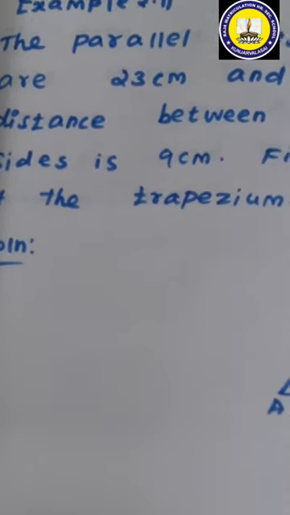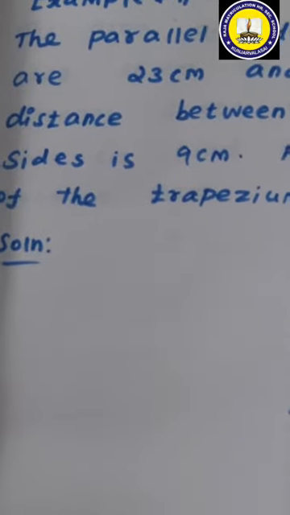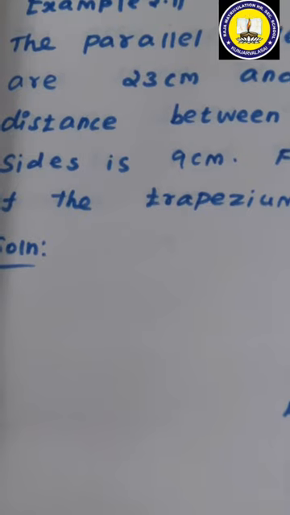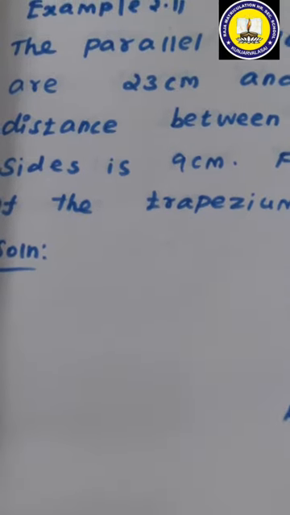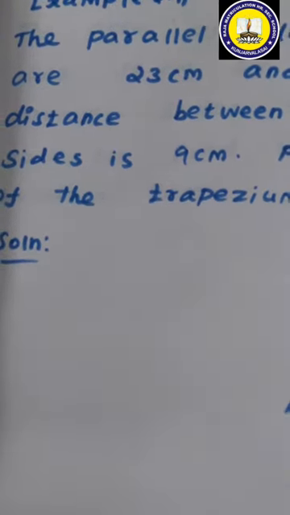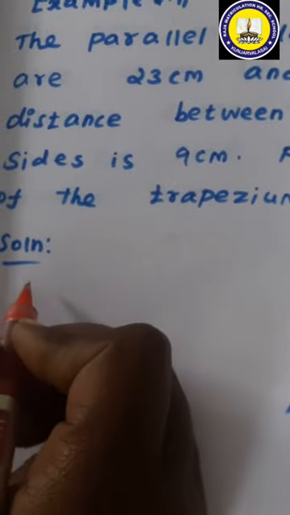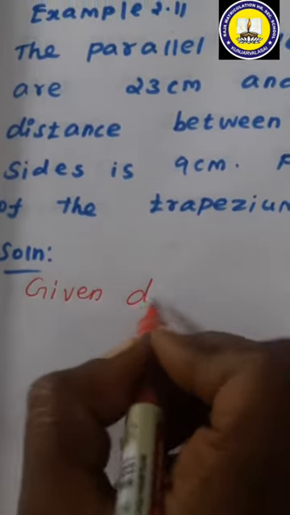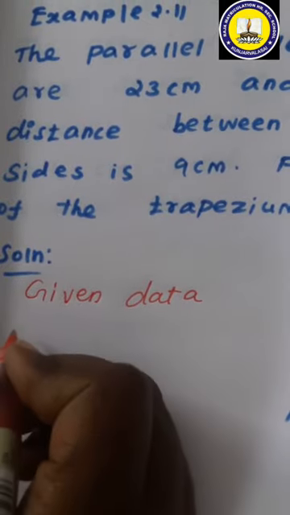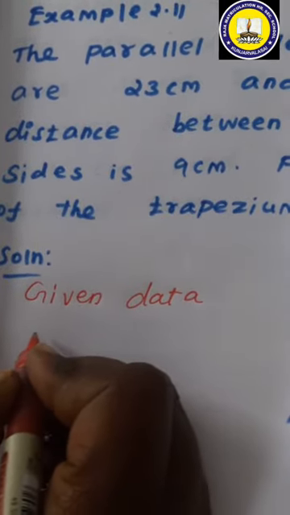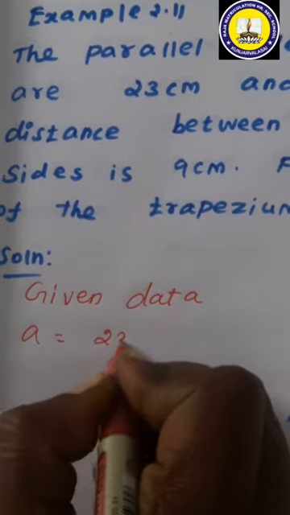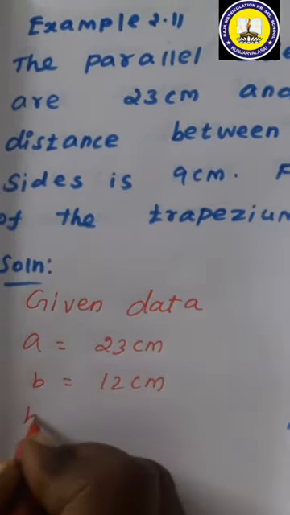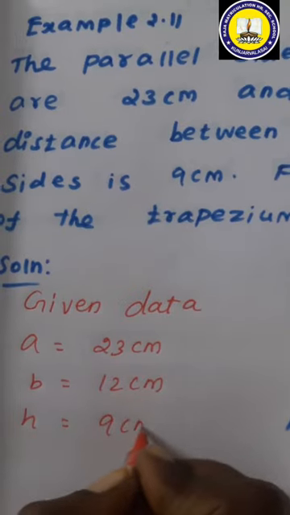Here AB and DC are parallel sides. So AB is equal to 23 centimeter and DC equal to 12 centimeter. Okay, h is equal to 9 centimeter. First we write the given data. Given: a is equal to 23 centimeter, b is equal to 12 centimeter and h is equal to 9 centimeter.